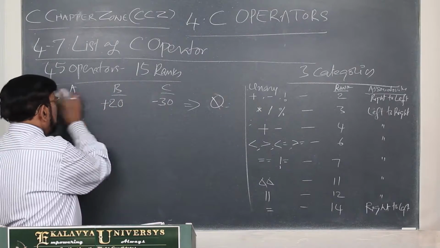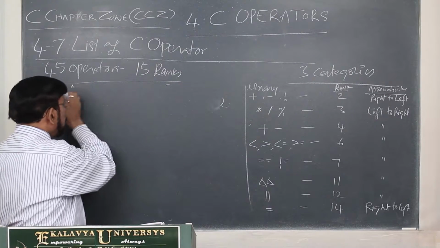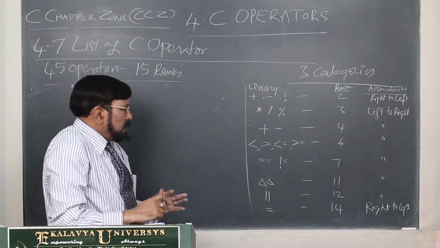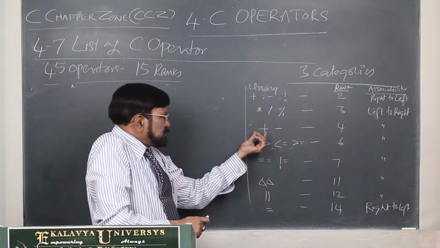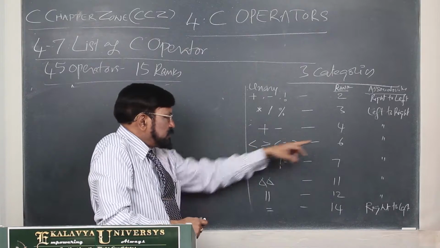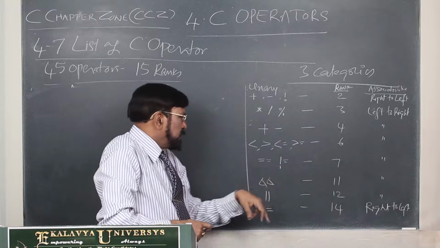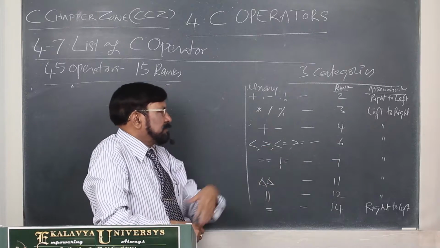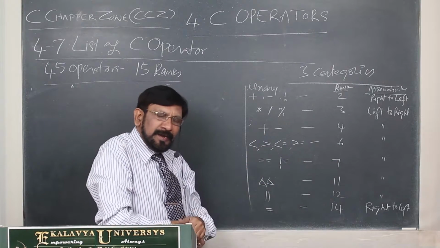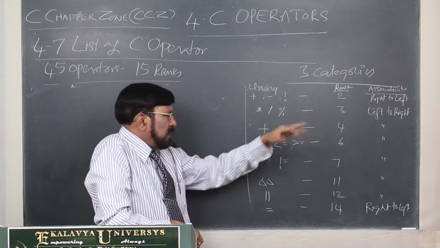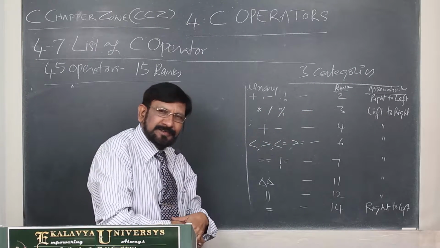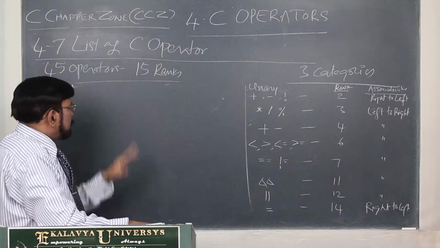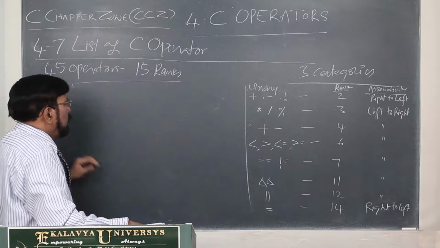One more example regarding arithmetical operators and relational operators. Arithmetical operators like plus and minus are 4th rank. Relational operators are 6th and 7th rank. So arithmetical operators come first and relational operators next. Let us take that logic.